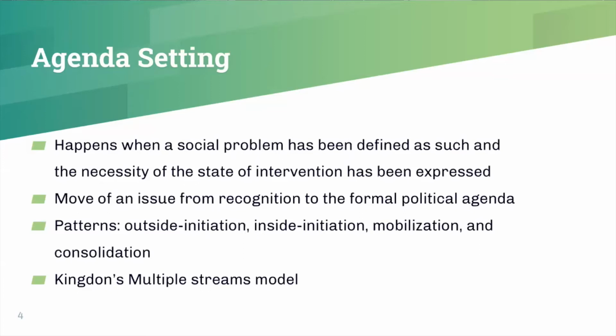Another pattern is mobilization, which is the mobilization of support within the public by the government after something is set to the initial agenda. And finally, consolidation is when state actors initiate an issue where public support is already high.